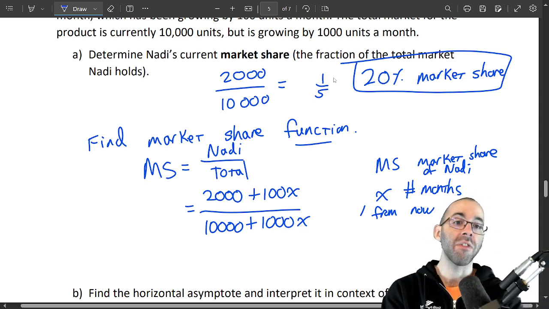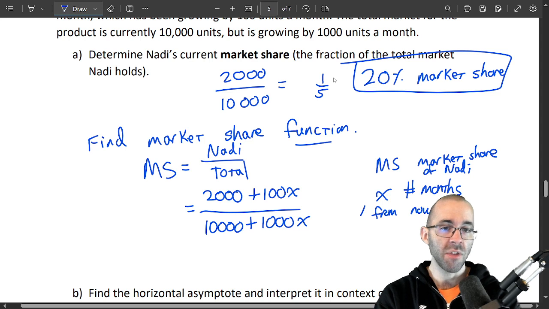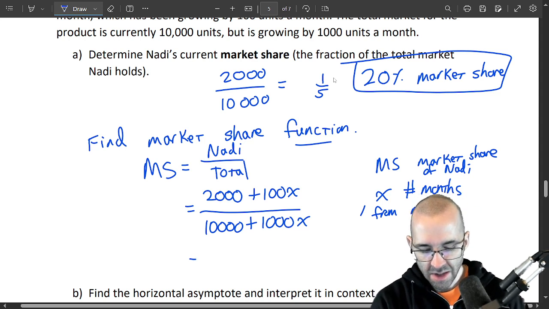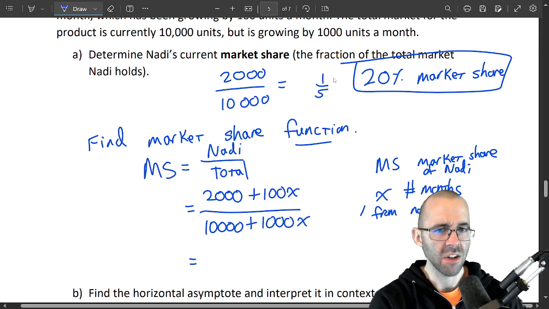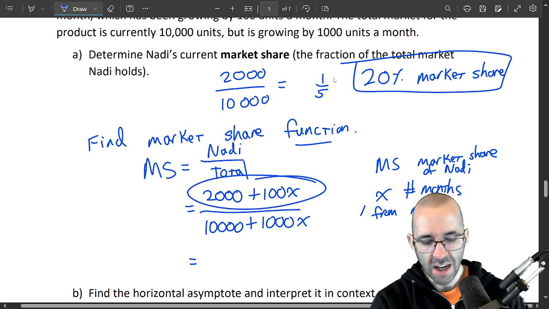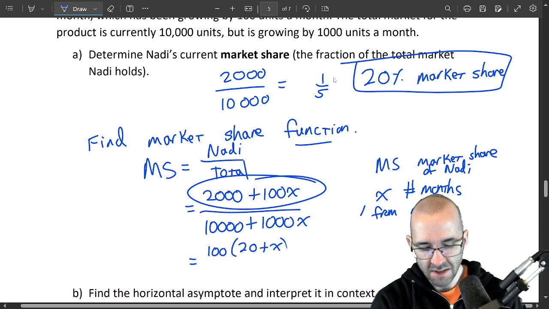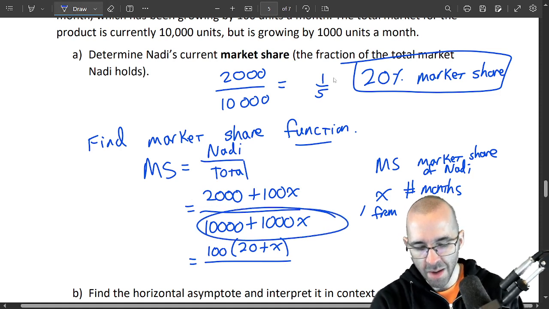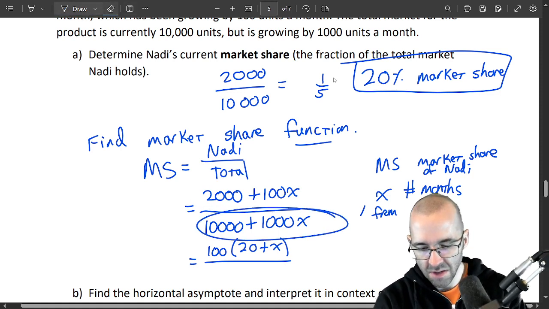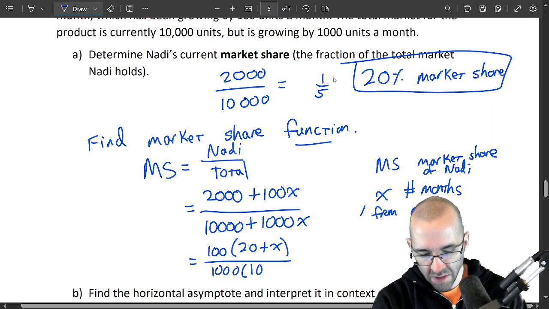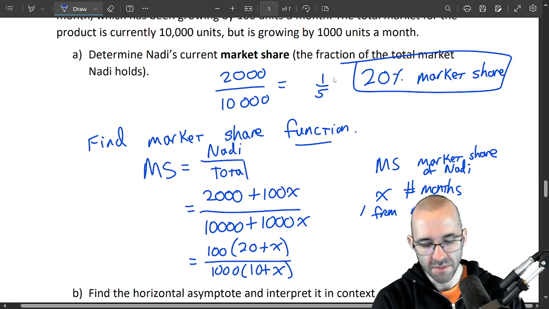And again, you could factor. You can't cancel yet, but if you wanted to factor, you could cancel and simplify. I mentioned that briefly earlier. So what would canceling look like? We'd have to take the greatest common factor out of the numerator, which is 100, and we're left with 20 plus x. And we'd also have to take the greatest common factor from the denominator, which is going to be 1,000, and then we're left with 10 plus x.